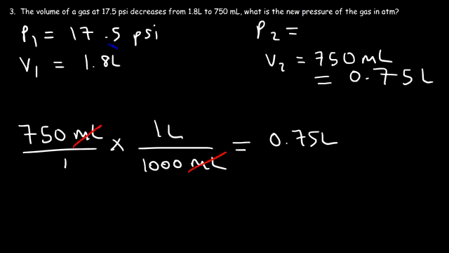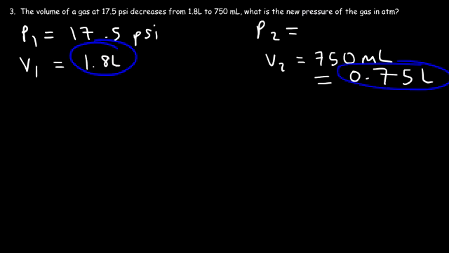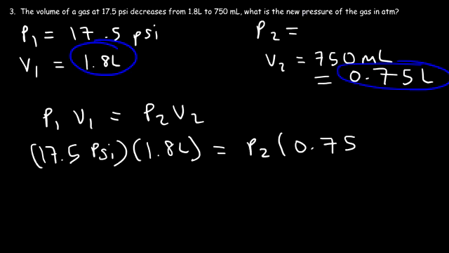So now that V1 and V2 share the same unit, we can now use the equation. P1 V1 is equal to P2 V2. So P1 is 17.5 psi. V1 is 1.8 liters. We're solving for P2, and V2 is 0.75 liters.